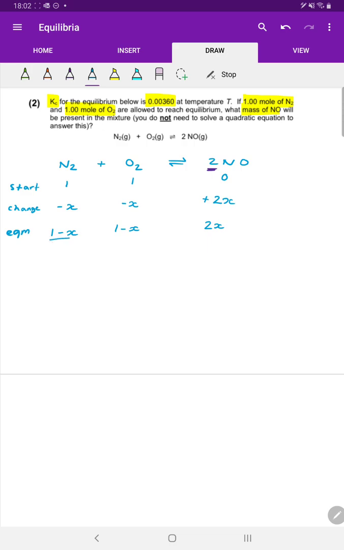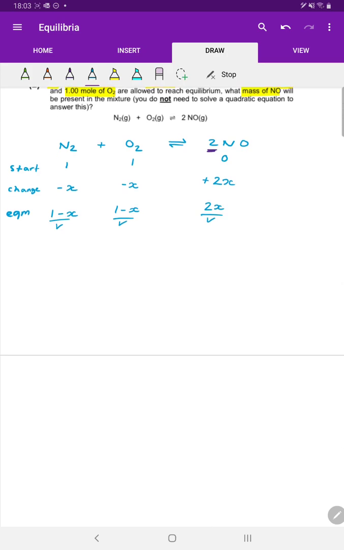These should be in concentration, so we have to divide each of them by V for the volume of our container. But we're not given that in the question, so we're going to ignore that in a minute. So let's just write out our Kc. So Kc is equal to products over reactants in our values here.